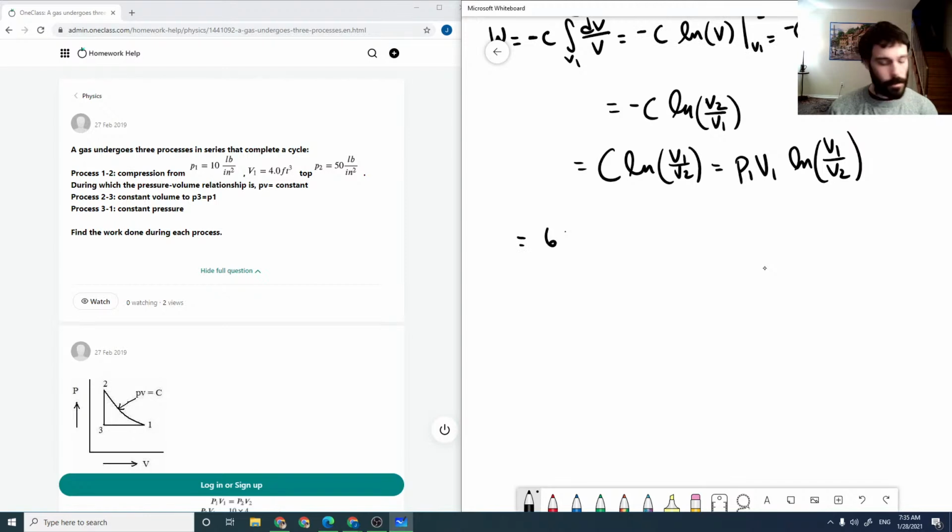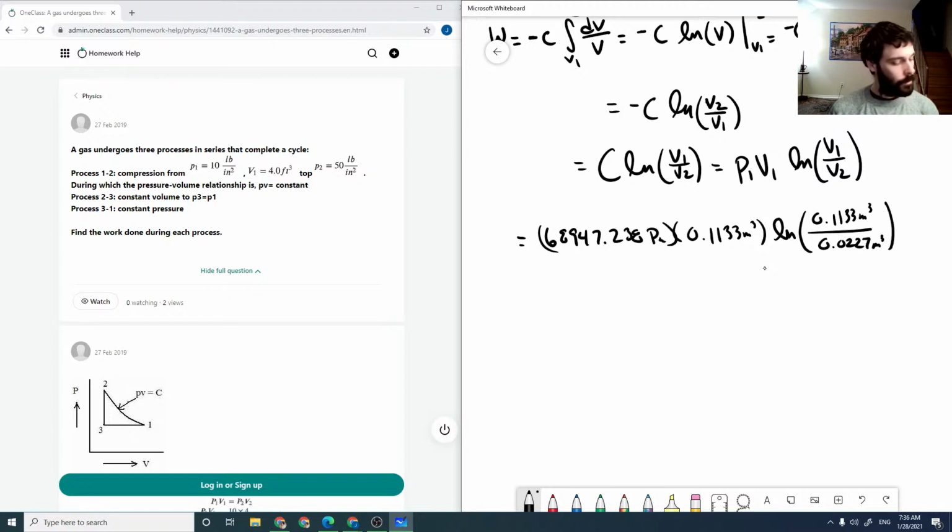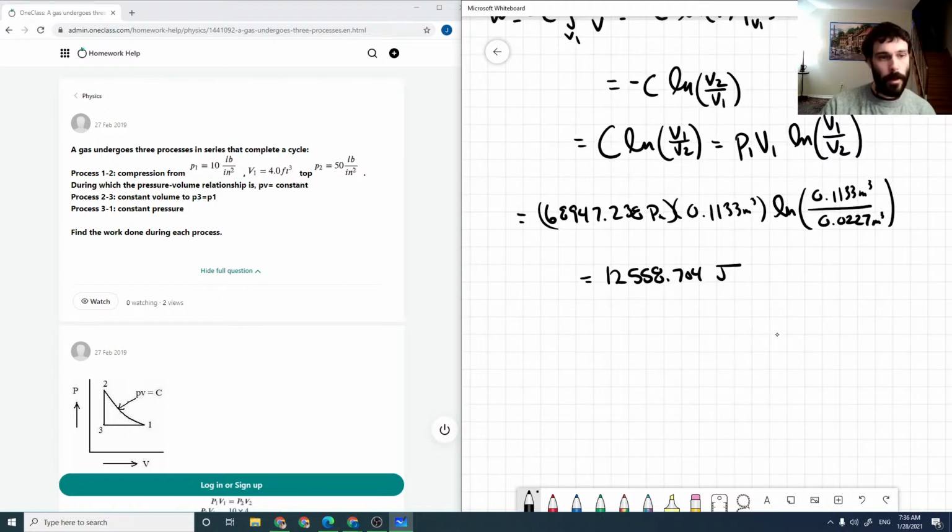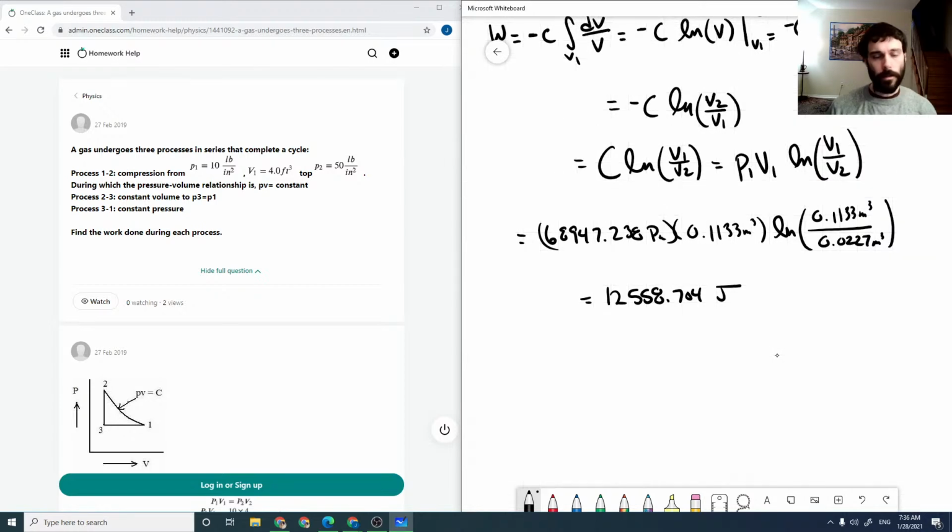So it's 68,947.238 pascals times our initial volume times the ln of our initial volume over our final volume, which comes out to be 12,558.704 joules. So there's our work in that compression. That's 1 to 2.